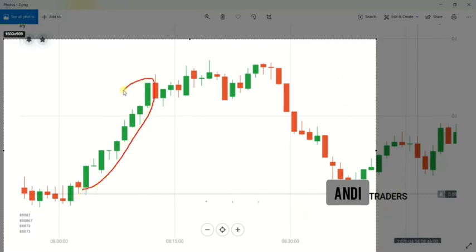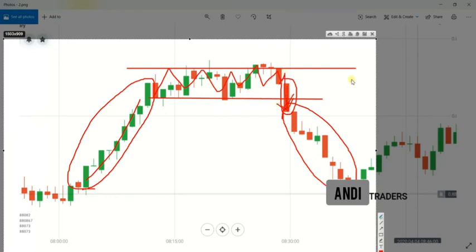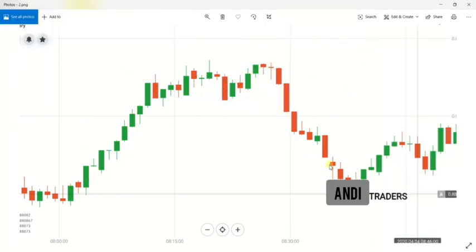You can see a bullish momentum, we are seeing a consolidation area, and when the sellers break this consolidation area, again momentum repeats here. So sometimes you are seeing a momentum, then a ranging consolidation area, and when it breaks you can go again with the momentum.